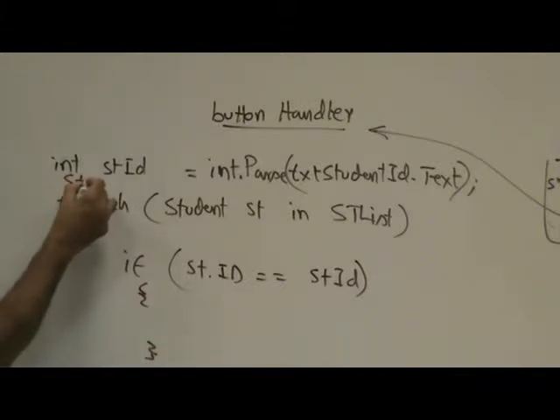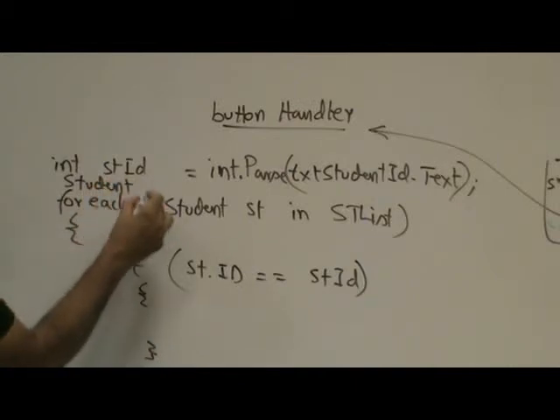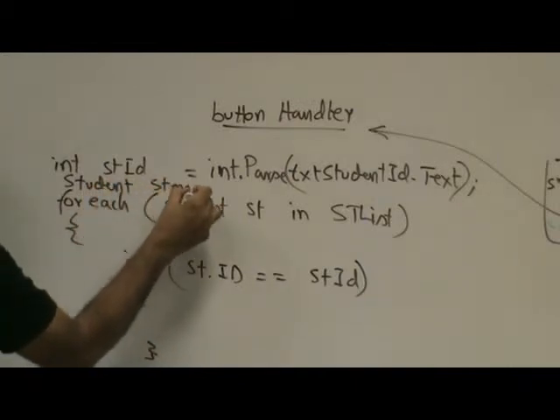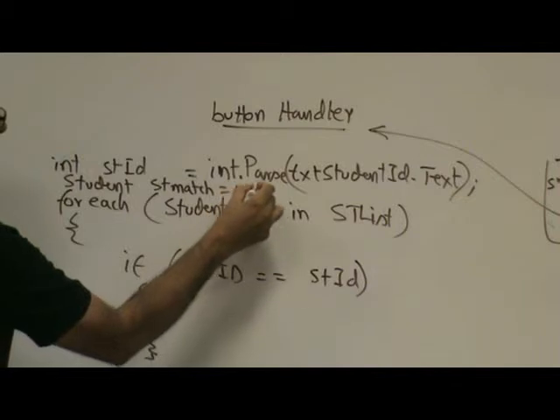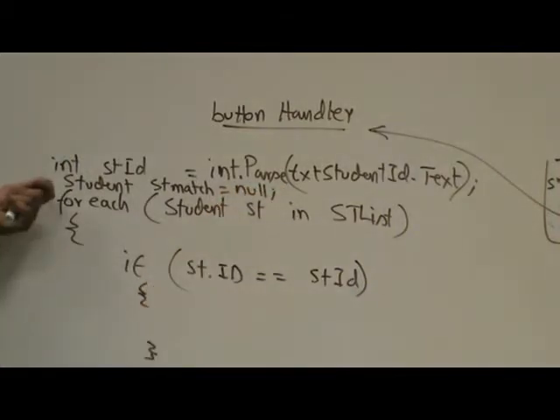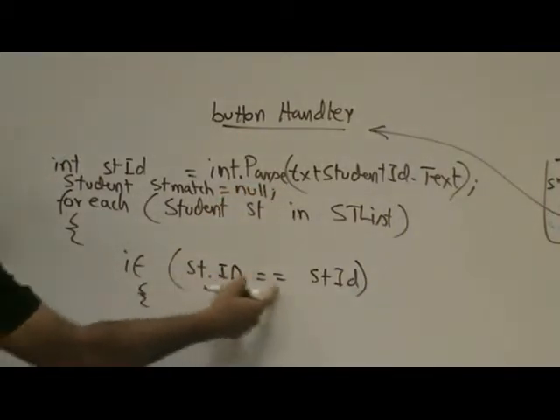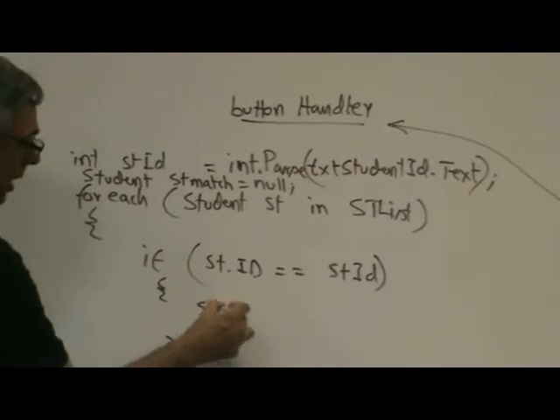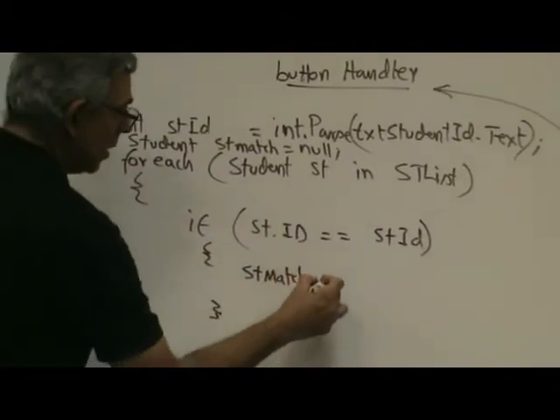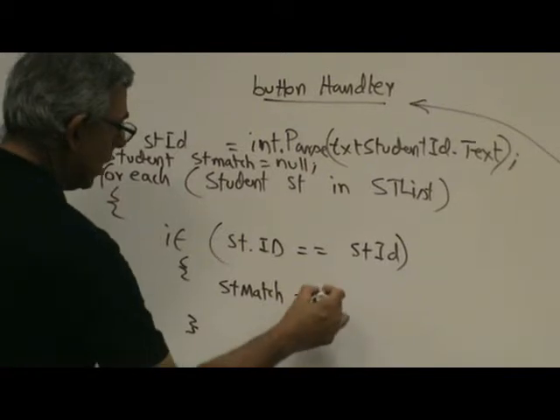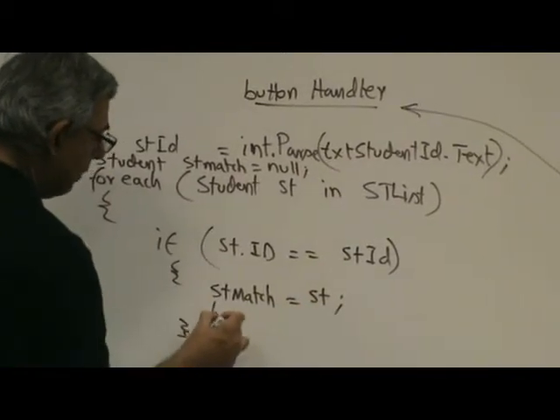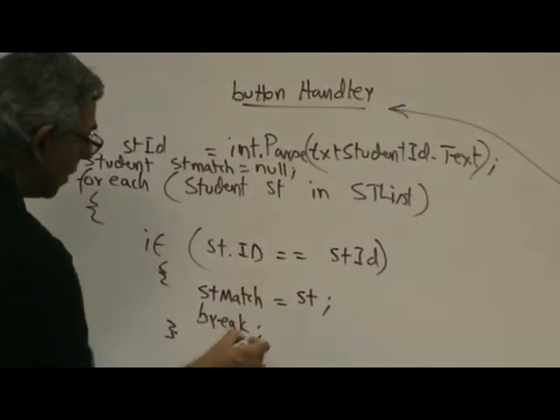Let me create a reference over here, Student stMatch equal to null. So I initialize it to null. If we do find it, we will say stMatch equal to st, and we will break out of the loop.